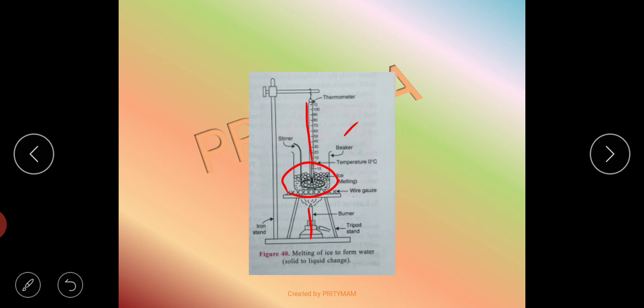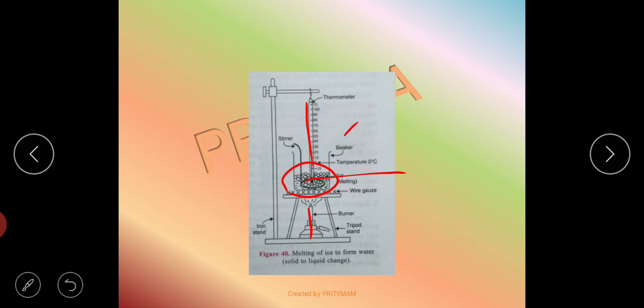It remains constant at 0 degrees Celsius. There is no rise in the temperature during the melting of the ice. It is only when all the ice has melted that the temperature of the water will start rising if we heat it further.